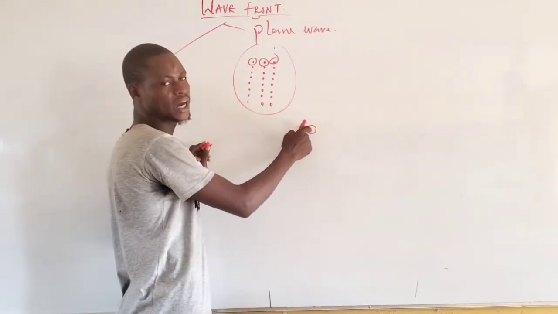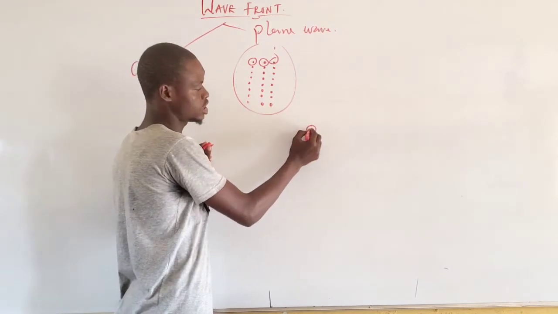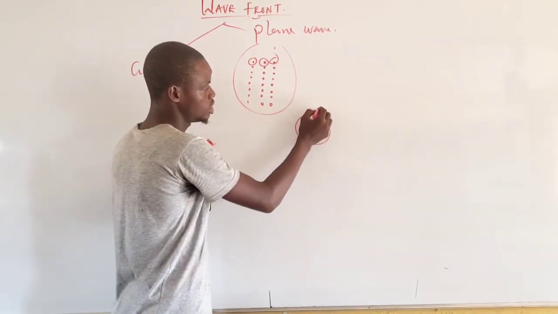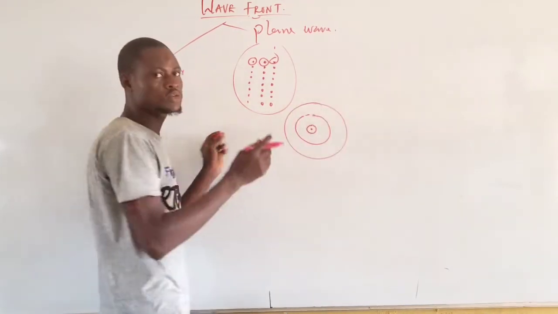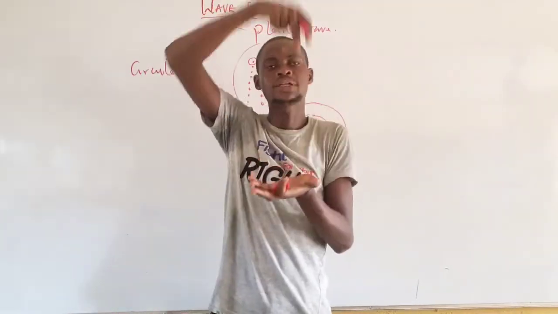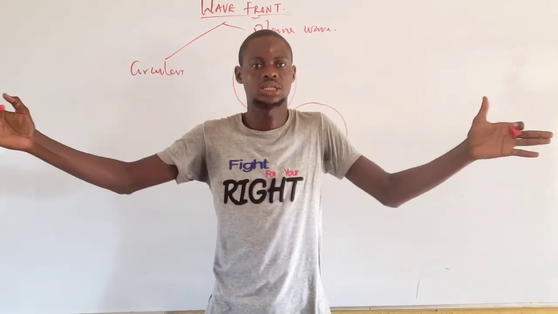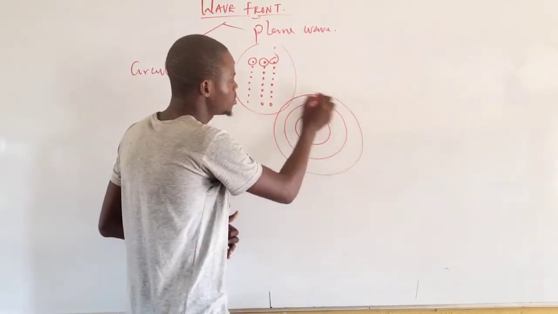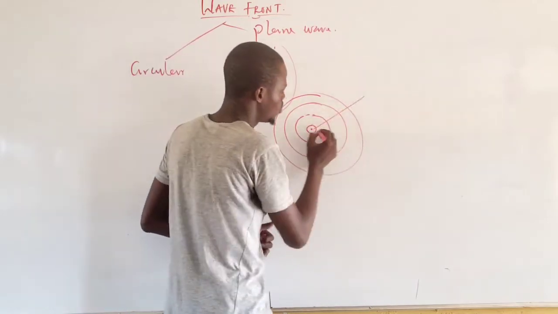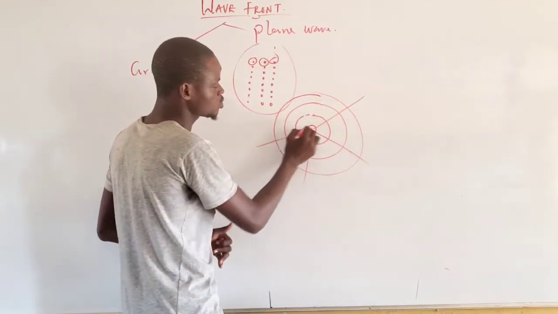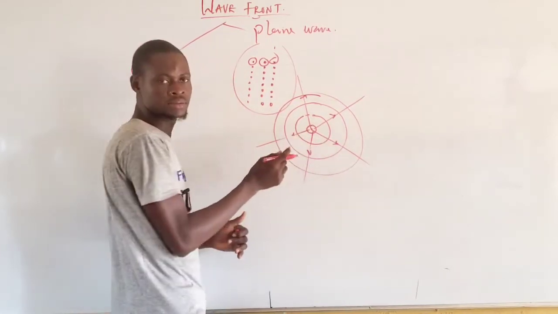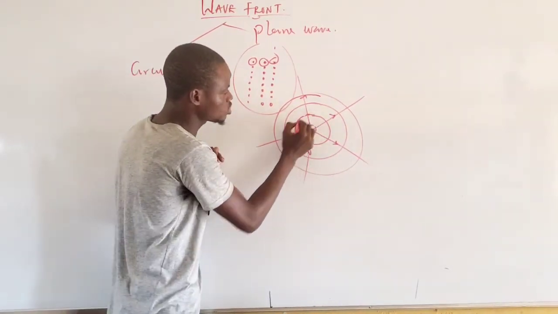The stone is dropped at the middle. This is the point of dropping of the stone. The wave is going to travel because when you drop the stone downward, it tends to spread along this direction, forming this kind of circle whereby the wave will tend to spread along different directions like this, whereby each of the particles will travel.